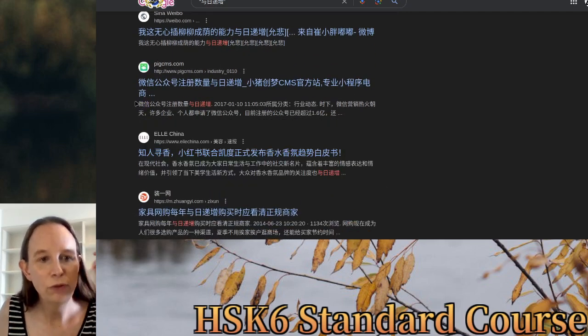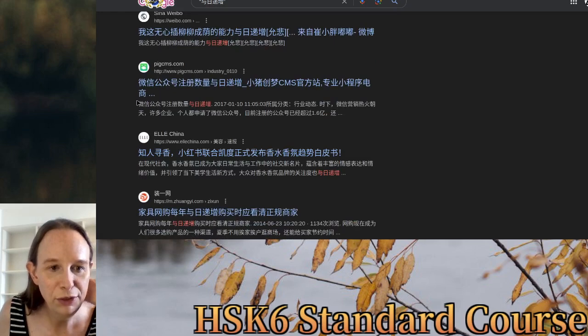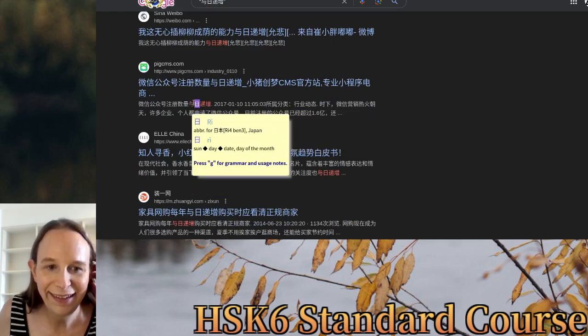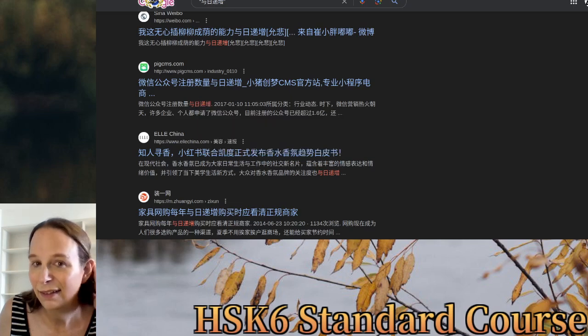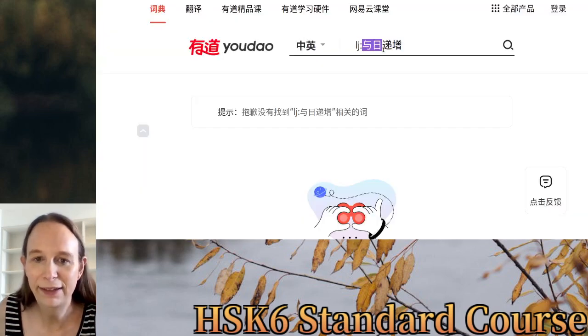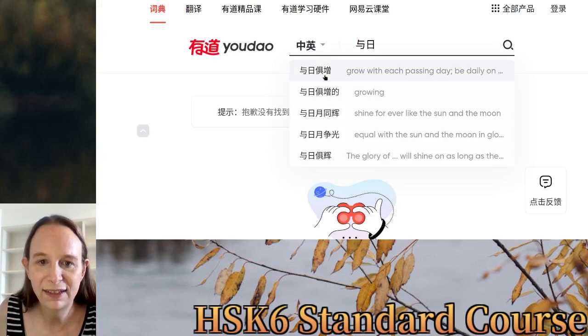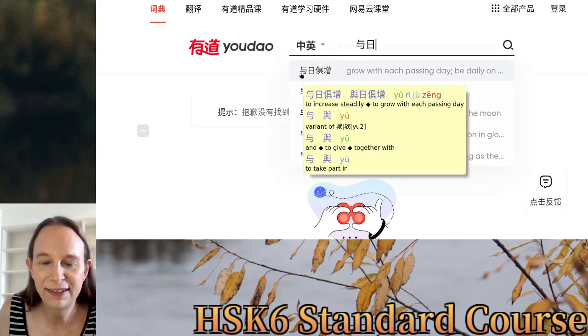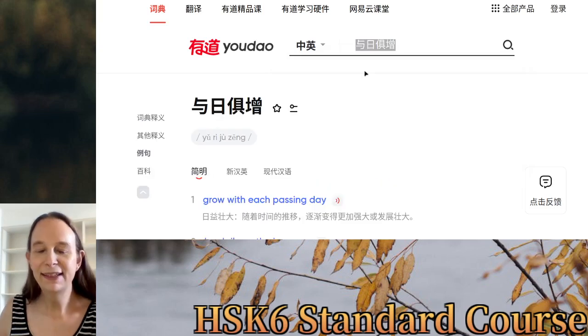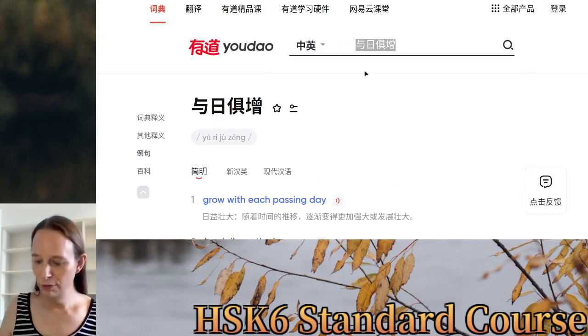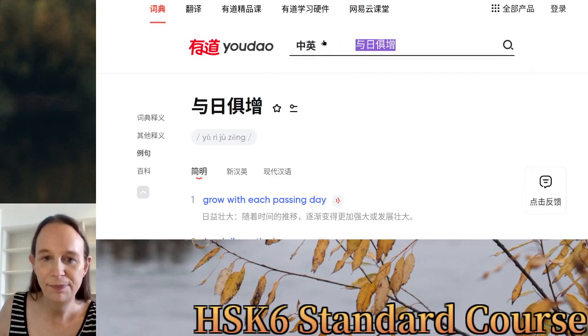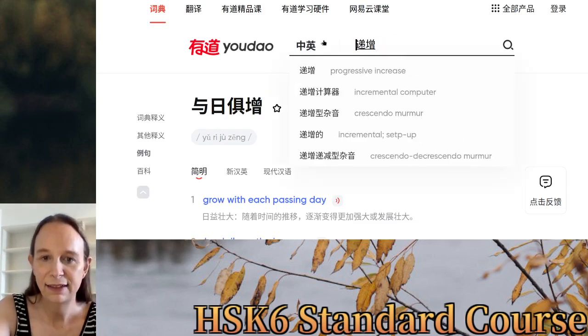Yeah, 微信公众号注册数量一日递增. What else would it be? 一日剧增. Oh, there's this one. Maybe because this one is used more often. 一日剧增. Yeah. So 递增. Usually it's 和什么什么递增.